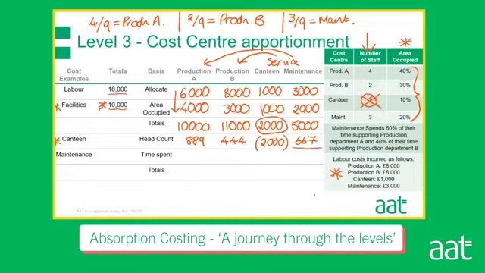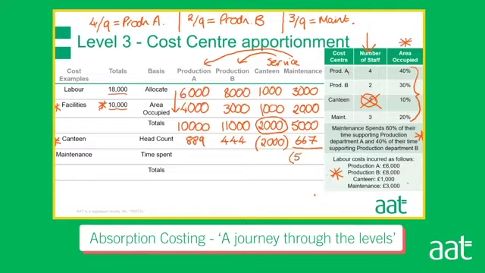So we're told here that maintenance spends 60% of its time supporting production department A, 40% of their time supporting production department B. So what I want to do is recharge the £5,667 that are in maintenance.